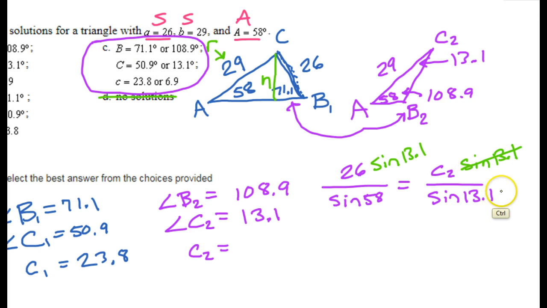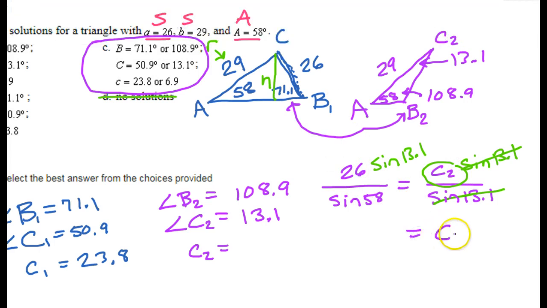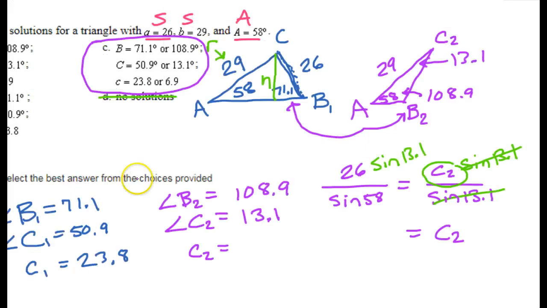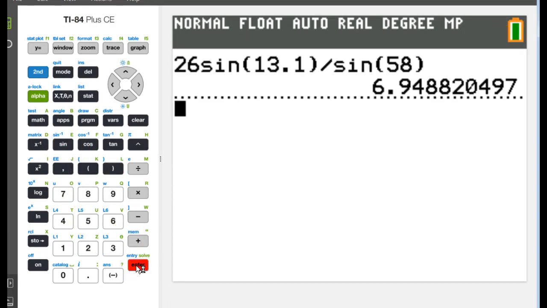That way sine 13.1 cancels out, leaving C2 all by itself. So 26 sine 13.1, divided by sine 58. And that is 6.9.